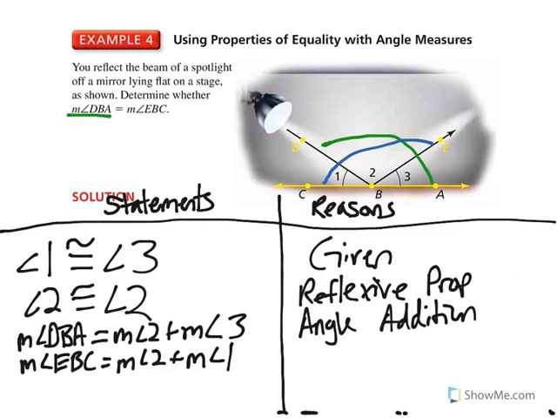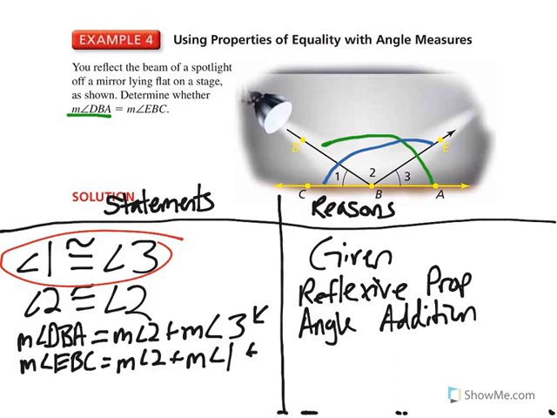So if I want to try to determine whether or not they are the same, I could possibly look at substituting here. Okay, I have angle 3 in this first one and angle 1 here, so let's try to get them in the same terms. I'm going to substitute angle 3 for angle 1, because up here it was given that they are congruent, so their measures are the same.